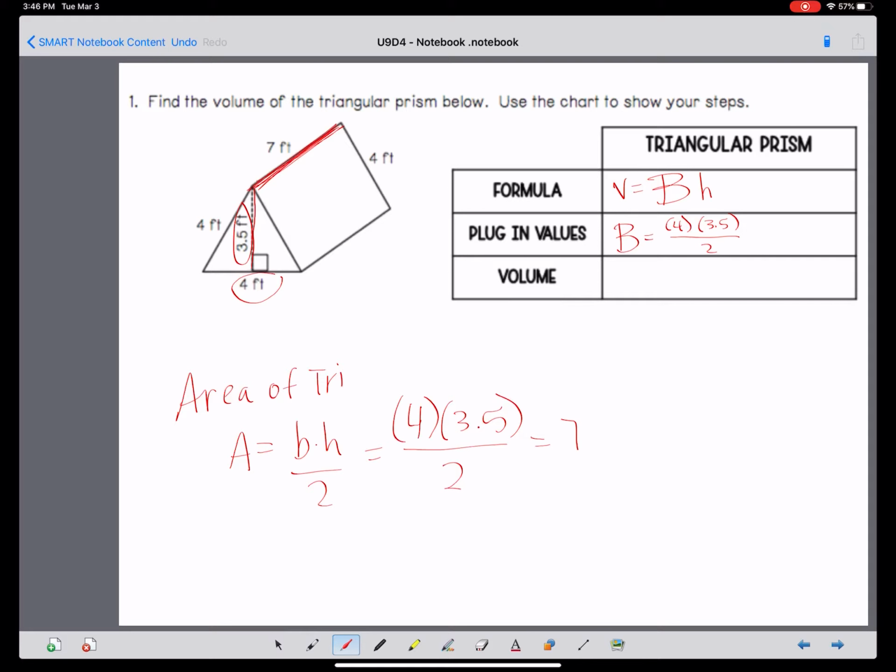So all that's left is the volume is equal to 7 times 7. We have the first 7 because 7 was the area of the base. We have the second 7 because 7 is the distance between the two bases. Okay, and if we do that, 7 times 7, we should get for a volume 49 feet cubed as your final answer.